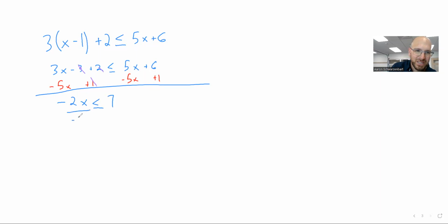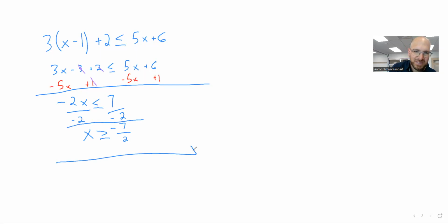I will divide by negative 2. When I divide by a negative or multiply by a negative, I must switch the direction of the inequality. And this is a negative 7/2. So I turned my inequality around.